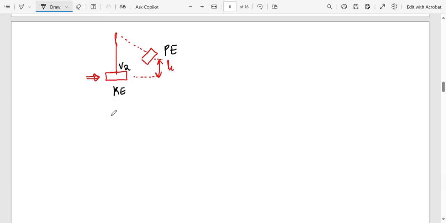Initial energy is equal to final energy. This is for the block.